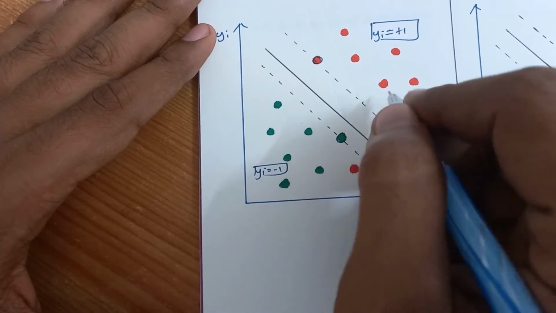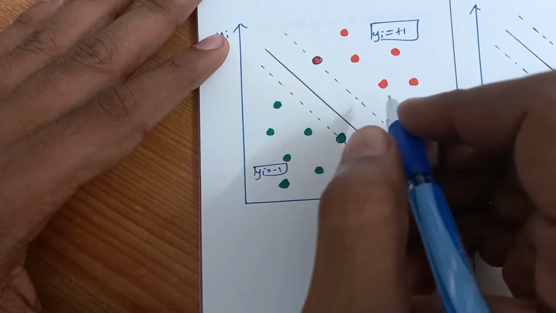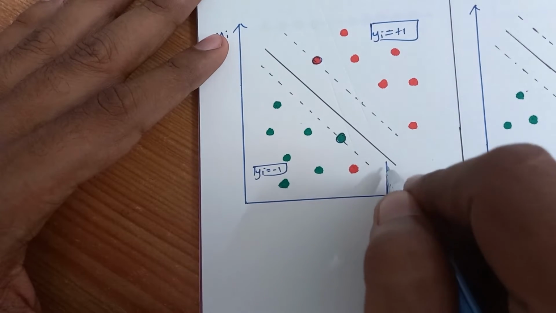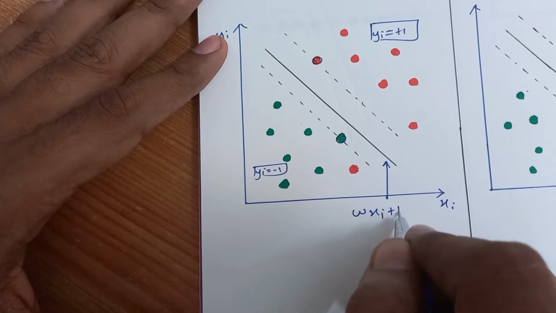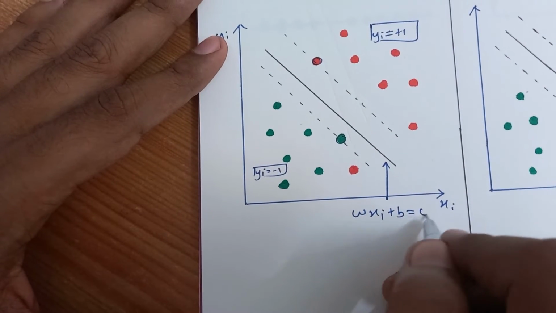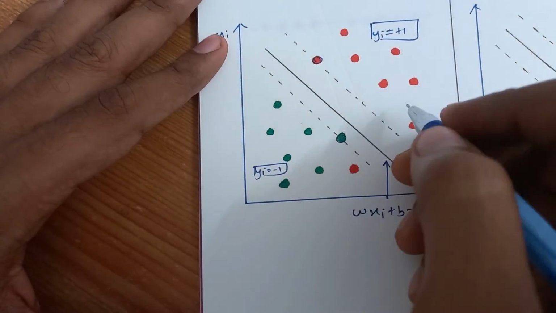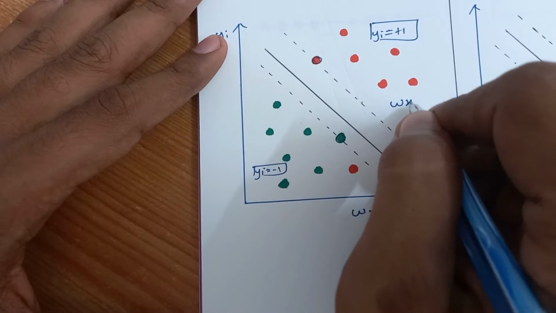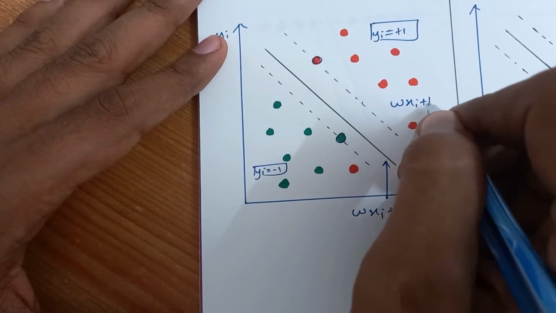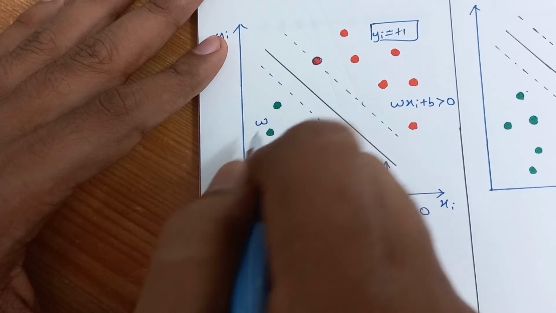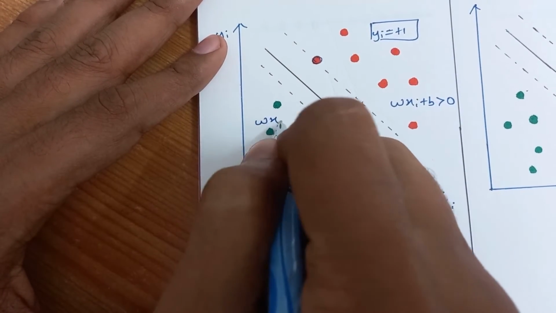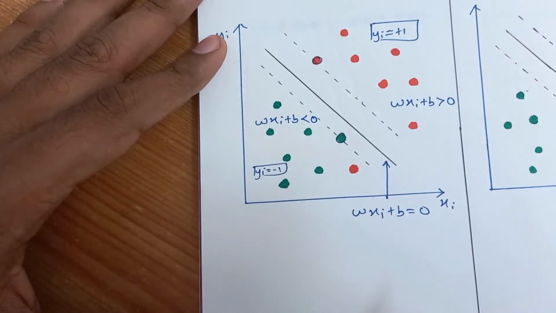Any particular point distance can get calculated. On the hyperplane, the distance of any point lying on the plane will be 0. That means the distance of any particular point lying on the upper side will be greater than 0, and the distance lying on the lower side of the hyperplane will be less than 0.